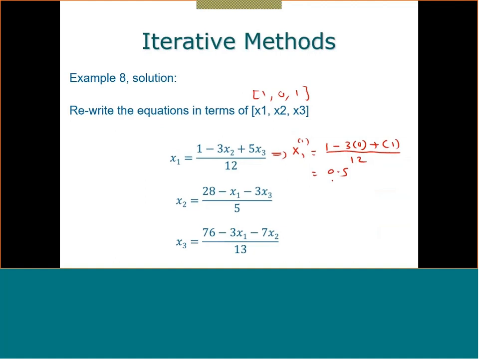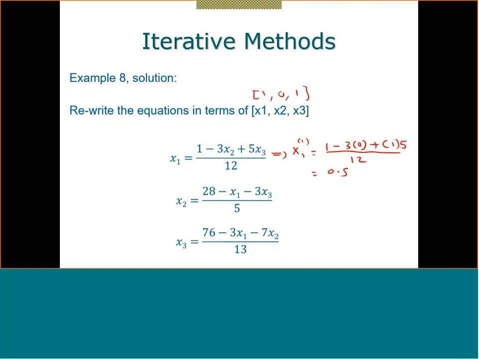All of them will have the same results for the first one. Sorry, I forgot, this is 5x3. Thank you very much. So it is 6 divided by 12. It is 0.5.